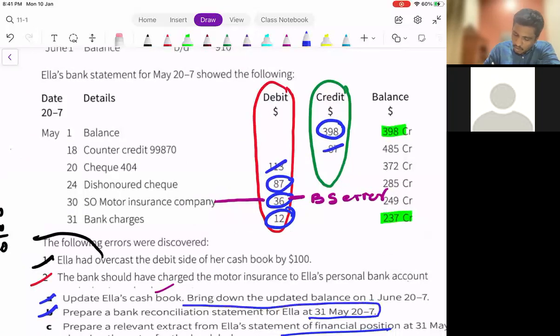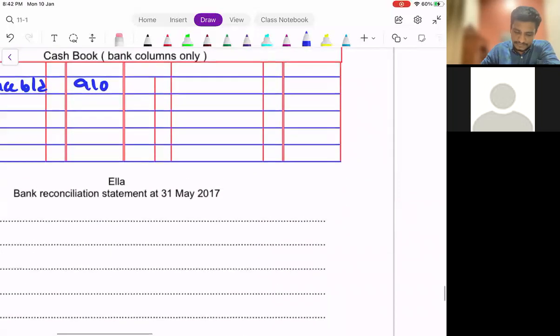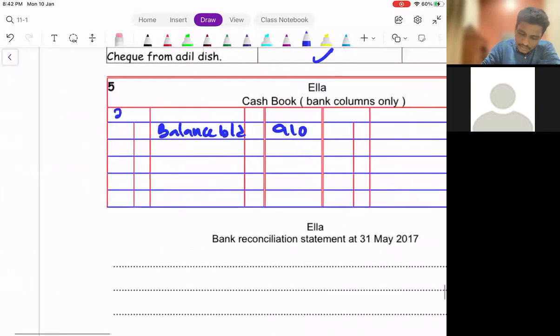As I told you, always follow the bank reconciliation date, 31st May. So I go here and write 2017, May 31st, balance BD. After that, do you have anything else from the cash book to record here?